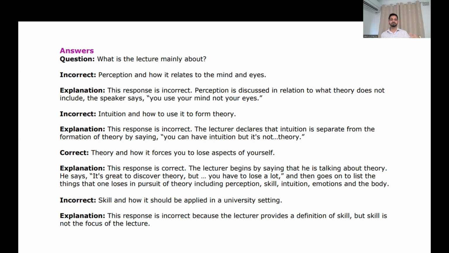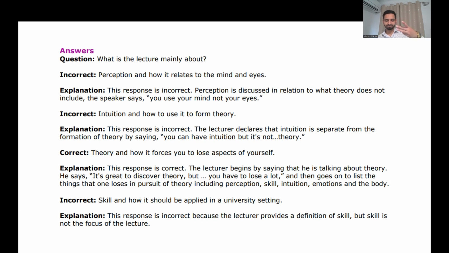It doesn't talk about the relationship between the mind and eyes, and the main topic is not perception. Then option number 2, intuition and how to use it to form theory. This response is incorrect. The lecturer declares that intuition is separate from the formation of theory by saying you can have intuition, but it's not theory.